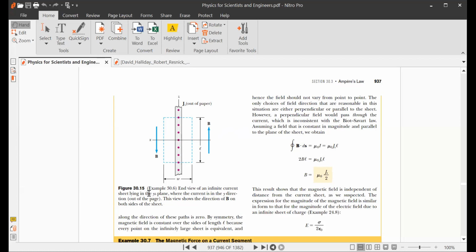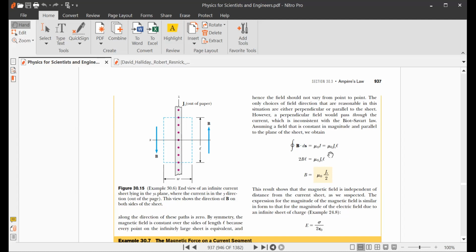From Ampere's law, we get 2BL. Why 2BL? Because on the right-hand side, the L is parallel to B, and on the left-hand side, the L is also parallel to B. That's why it is 2BL at the end.